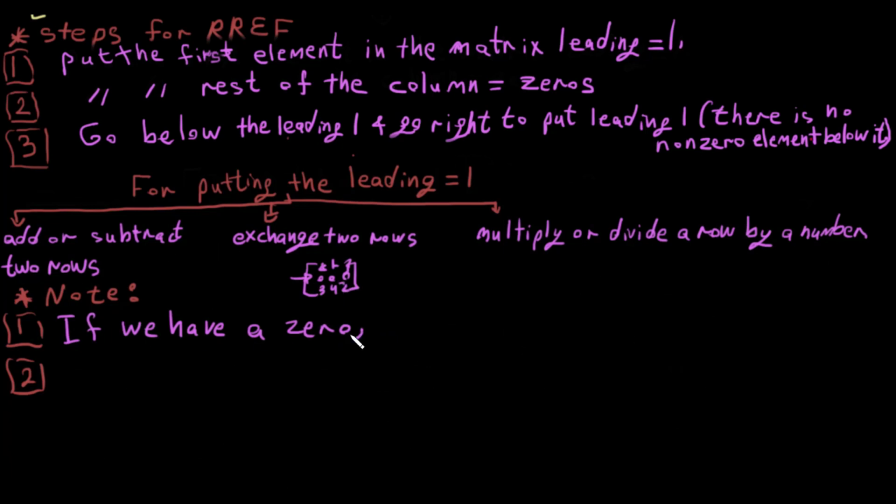If we have a zero row, we have to put it in the bottom of the matrix.